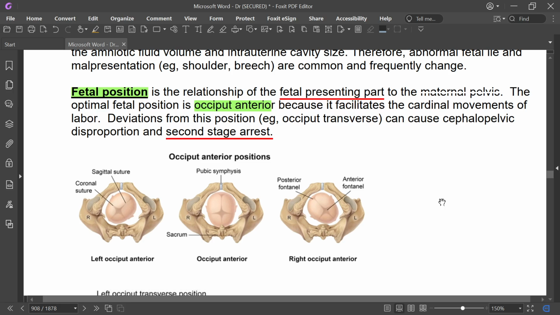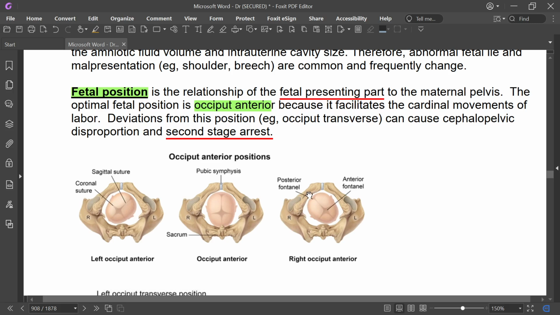Most optimal position: the optimal position is occiput anterior because it facilitates the cardinal movement of labor, and deviation from this position can cause cephalopelvic disproportion.